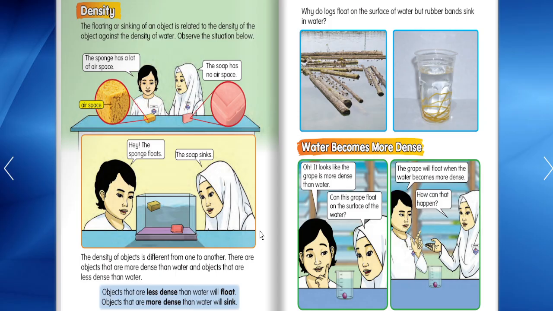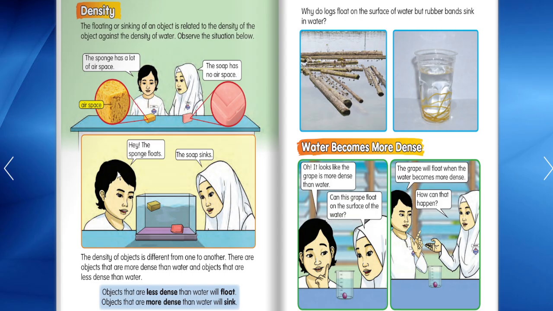Dense means that if there is no space between the particles, it is more dense. The more particles there are in a smaller volume, the denser the object. If you compare this sponge with this soap, the sponge has air space, so the particles are not tightly packed.